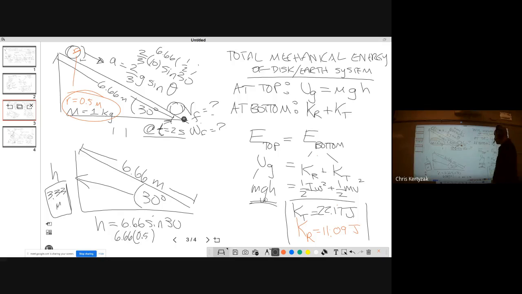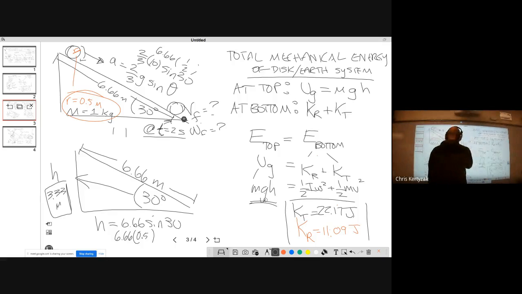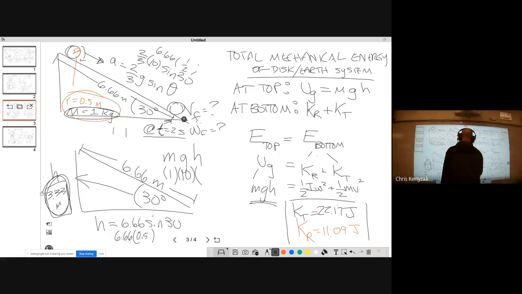If I know the height, then I should be able to do mgh and pray that it comes out as 33.26. Let's try mgh. What was the mass? I gotta stick with whatever I picked. I picked mass of 1. We used g, which was 10. Right? That's what I used, didn't I? Yeah, I did. And then our height, which we just trigonometrically worked out as 3.33.